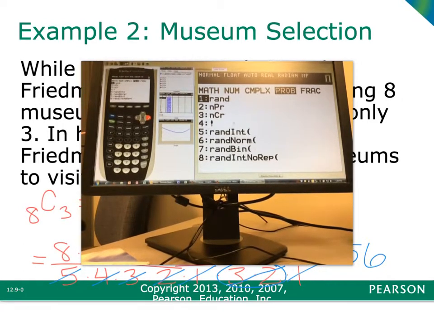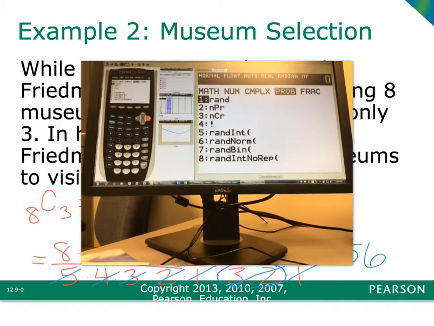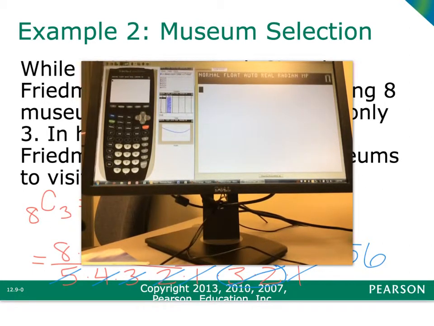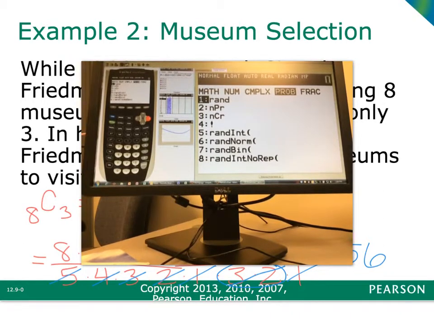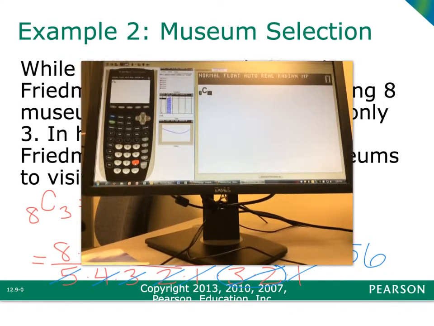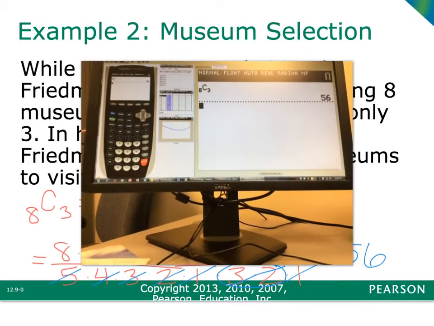And then you scroll down to option number 3 to get your combination. Now, I should have typed my 8 in first. So I'm going to get out of here, and first type my 8. Math, probability, NCR, and then 3. And the calculator will do it for you and give you the 56.